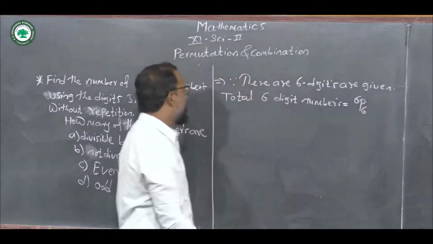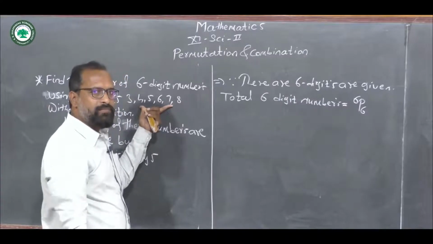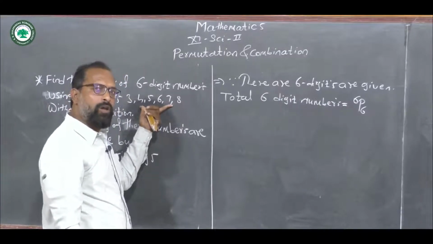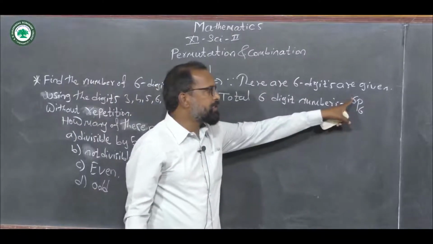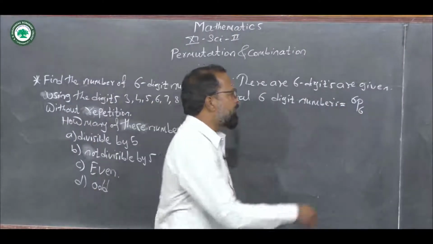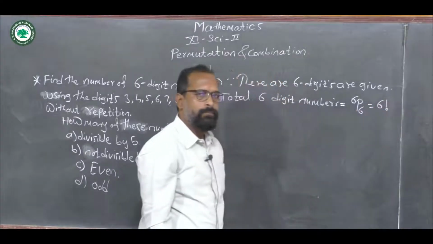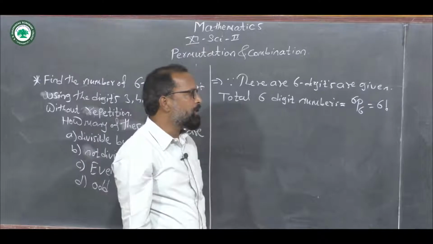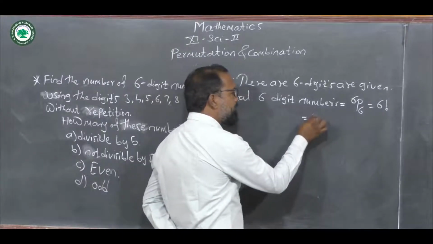Since we have to use all 6 digits to form a 6-digit number, it means we have to arrange all of them. So this can be done in 6P6 ways, and we know that 6P6 is nothing but 6 factorial.